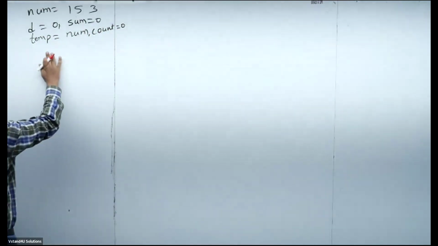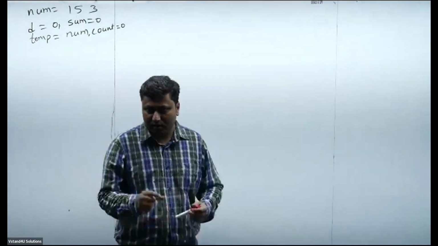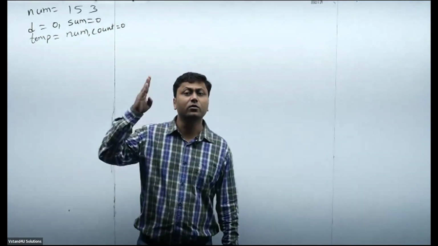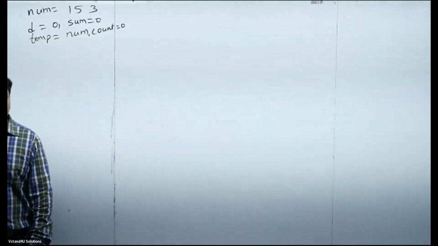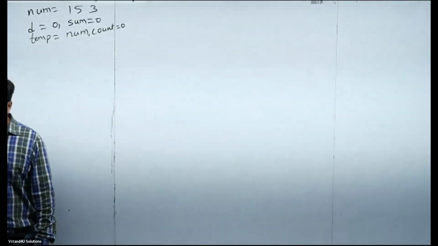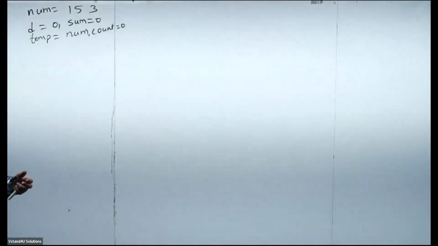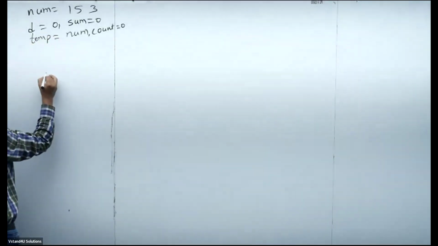Okay, sir. First thing first, I need to find out the count of a given number. I need to count the digits in the given number. How do I do it? What logic am I going to use?